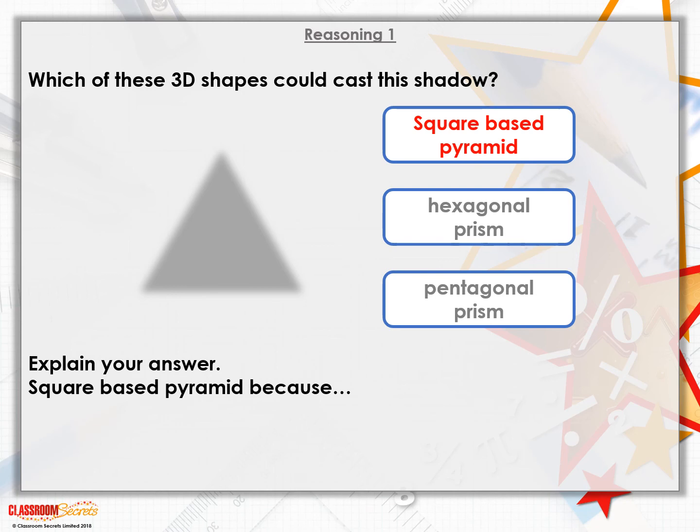Because whenever you have an explanation question, you can't just say the answer without explaining why. So the square-base pyramid, because it's the only shape that has triangular faces. The hexagonal prism is made up of two hexagons and rectangles. The pentagonal prism is made up of two pentagons and rectangles. Okay, so that is the only one that has a triangular face.